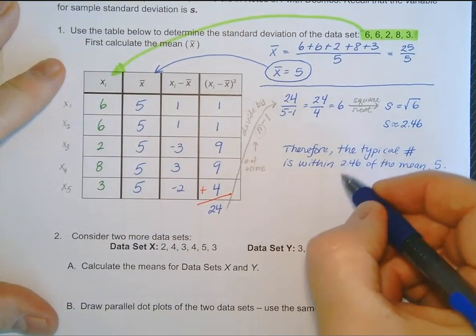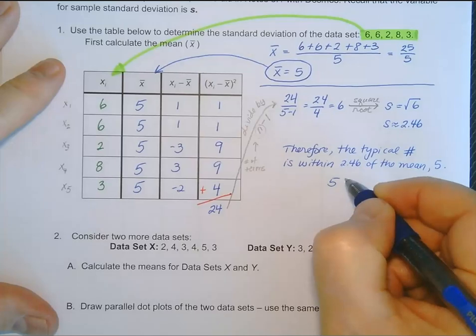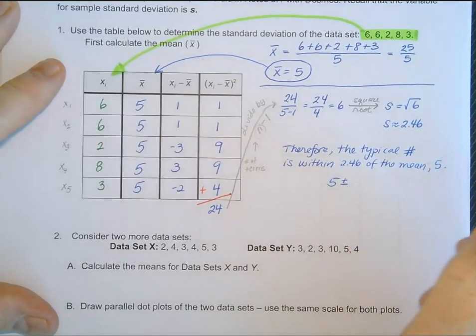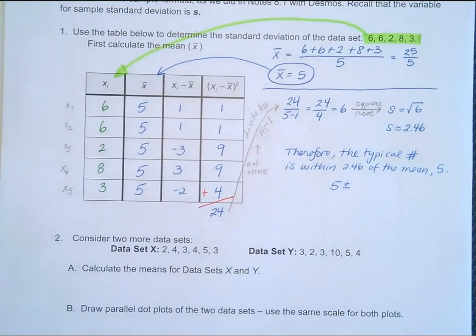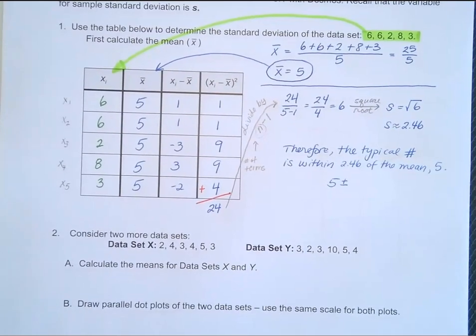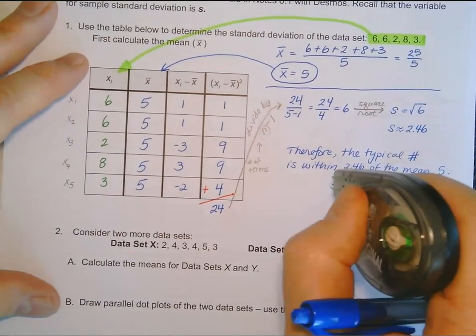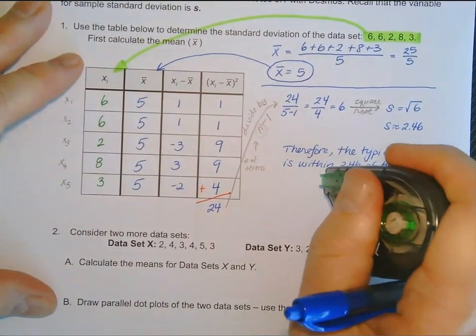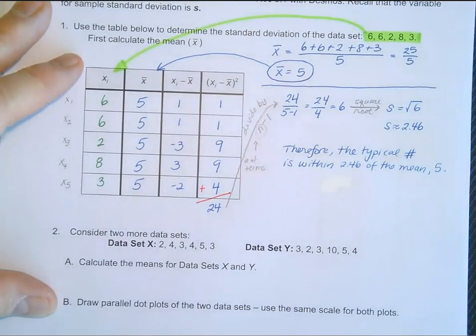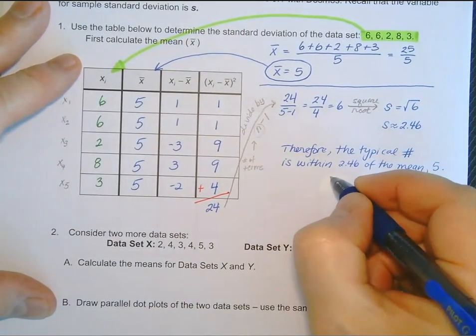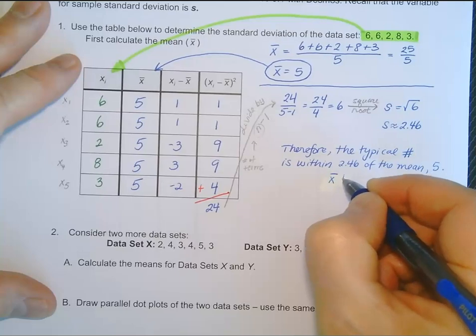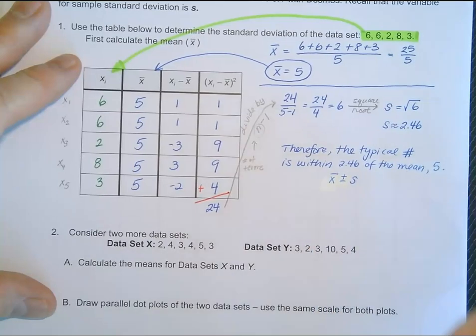So that means if I take 5 and I add or subtract, actually here we should do this. Let's first write it mathematically here with symbols. So if I take the mean, I'm going to add or subtract the standard deviation.